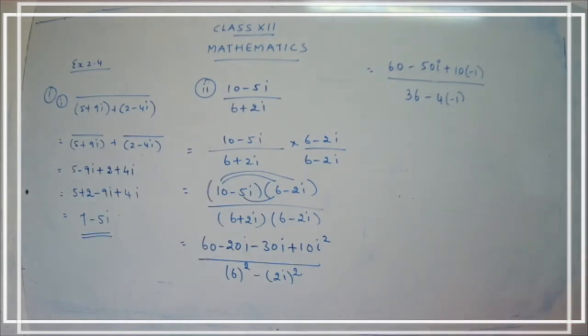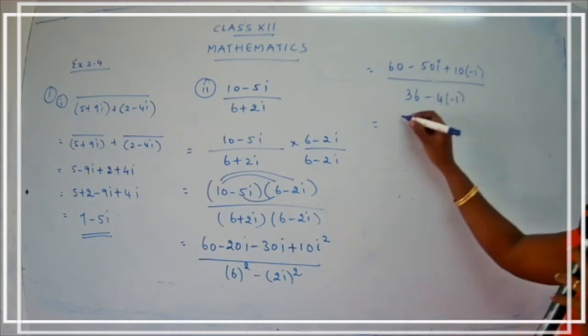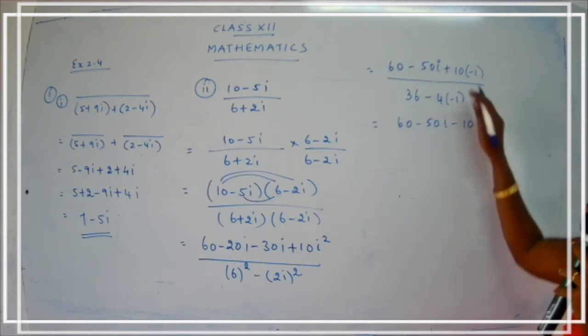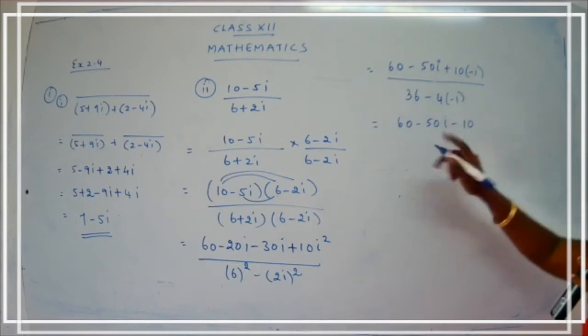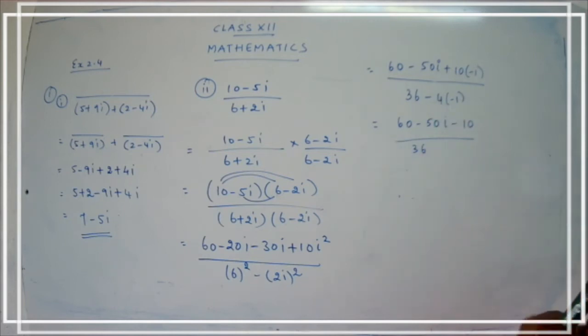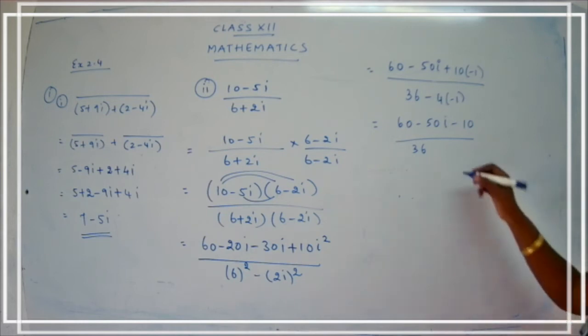I know the value of i square, that's minus 1. So now let's rearrange and solve the sum. I get here 60 minus 50i minus 10. 10 into minus 1, minus 10. 36 minus 4 into minus 1. Minus 4 into minus 1 is plus 4.